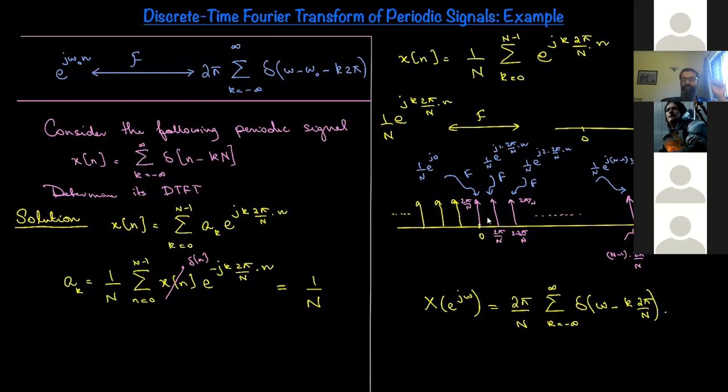And then I know for a fact that this transform needs to be periodic in the frequency with a period of 2 pi. So what I need to do is take this entire window and start periodically extending it.